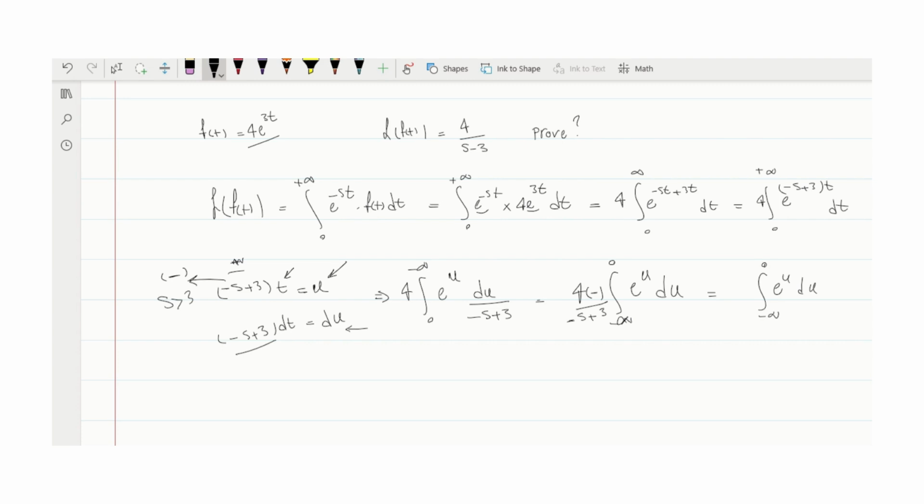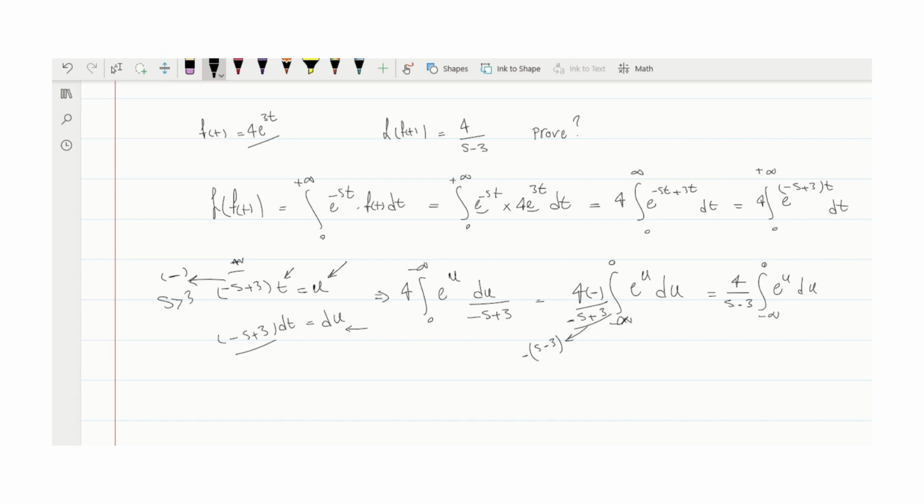The value on the numerator would be minus 4, and the value on the denominator is minus s plus 3, which I can take away the minus signs from and write 4 in the numerator and s minus 3 in the denominator. Because if you factor out minus 1 from this term, it would be minus, s minus 3.